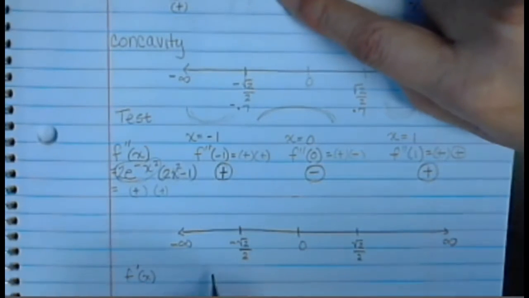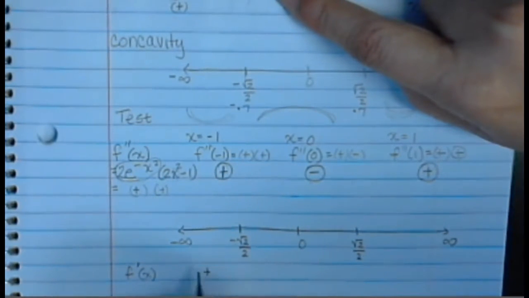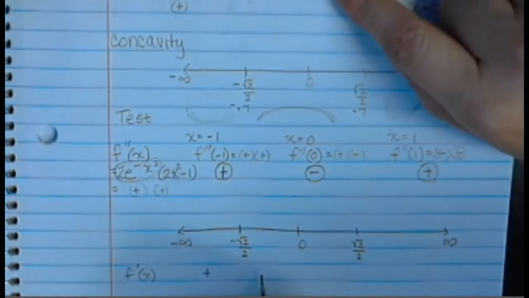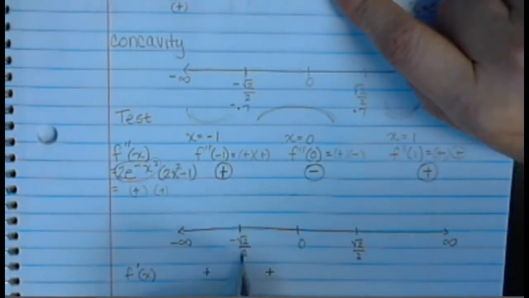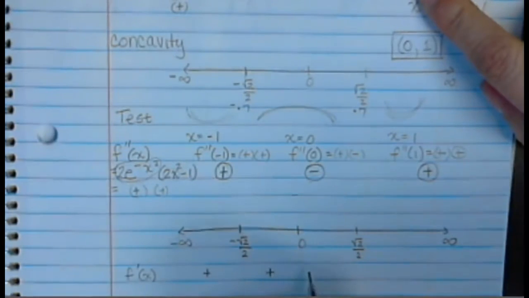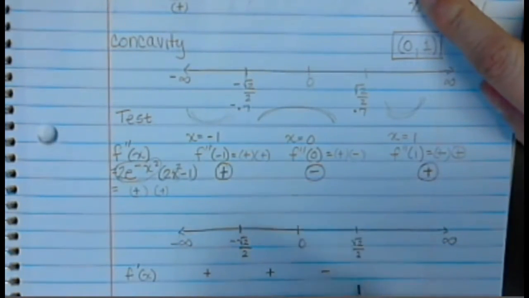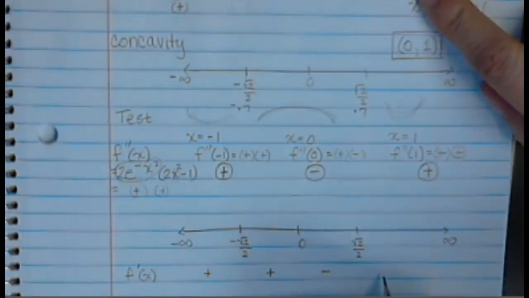We found that it is positive in this interval. It's positive here in this interval. It's negative here in this interval, and it's negative here in this interval. That's from the first number line that we have.